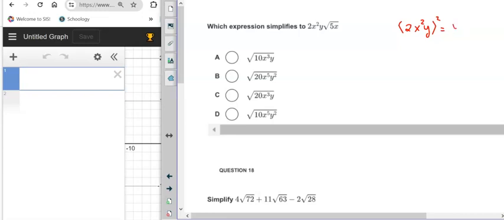So that would be 4. 2 squared is 4. And then you have x to the 2 times 2, which is 4. And then y squared. Okay? That's the part that was squared out. So if I throw it back underneath the radical, I would have 5x that I still have there, and then I have 4x to the 4th and y squared.